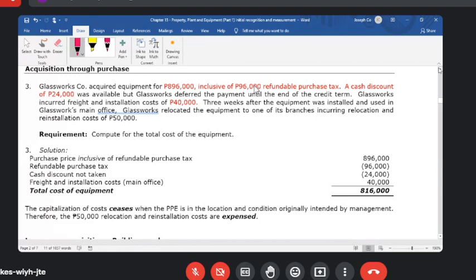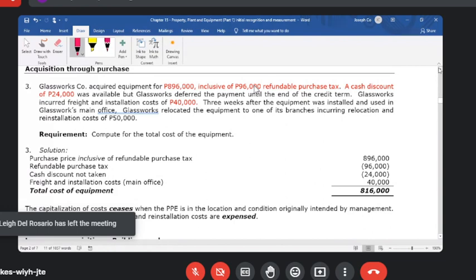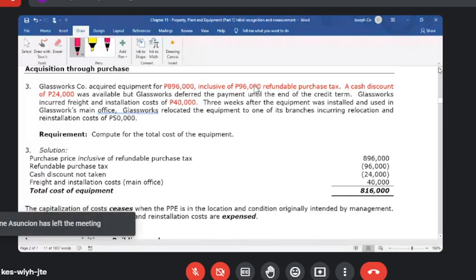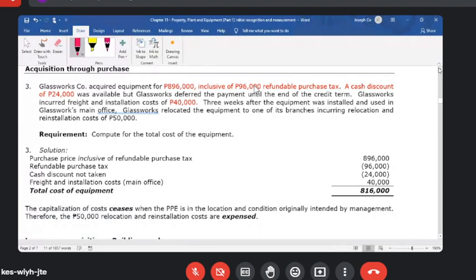Pagdating po sa cash discount, whether taken or not taken, you automatically minus po. Remember that.